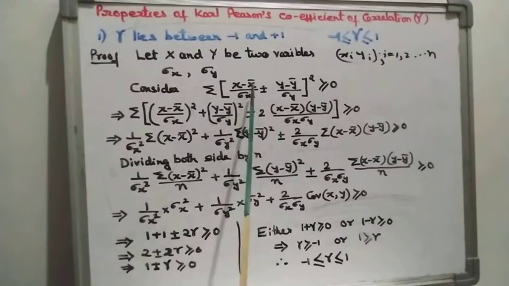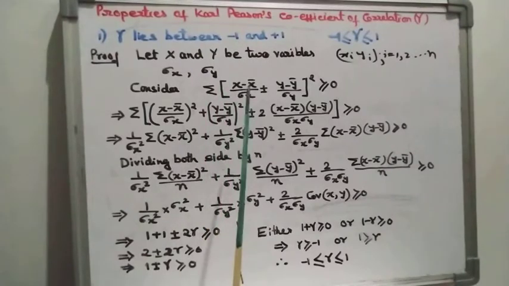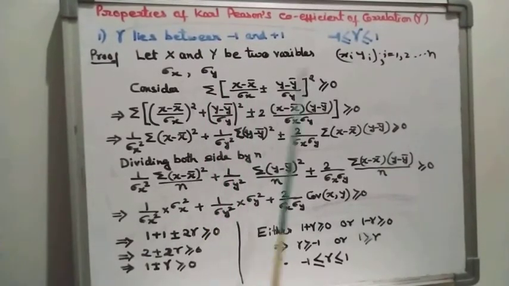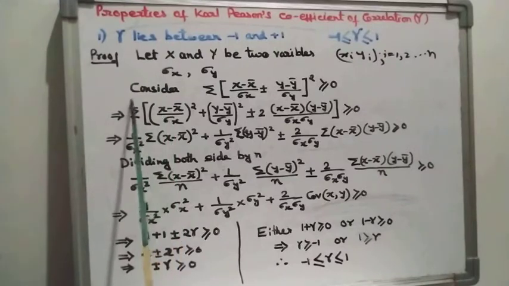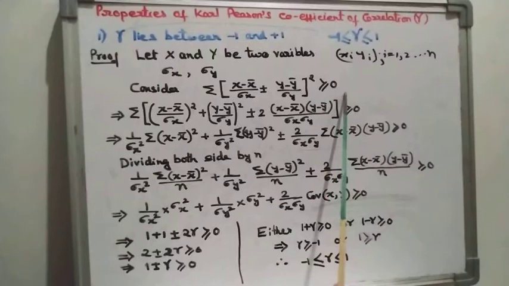We have taken x minus x bar and y minus y bar because these are in the rho formula. When we find the covariance of x y, it is x minus x bar and y minus y bar, and we take these deviations in sigma x and sigma y also. So we start the proof with this consideration, which is universally true.